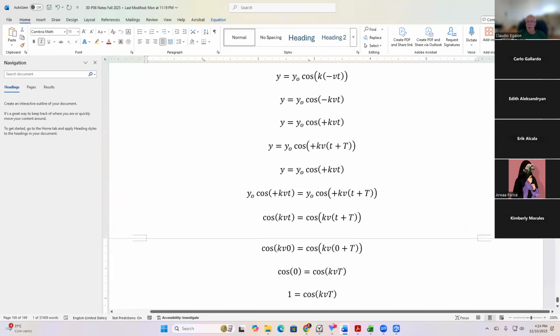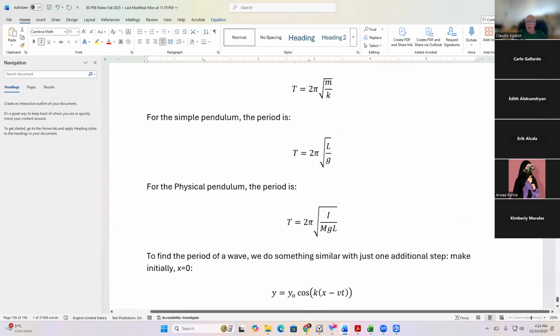Can you remember that? That's the most important equation for the wave, this one here.